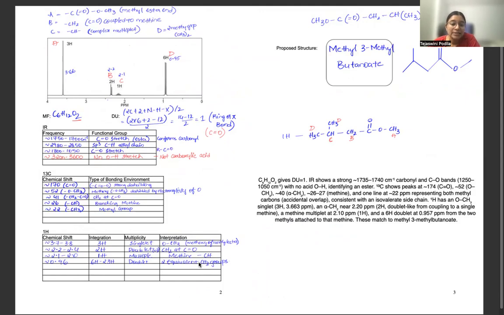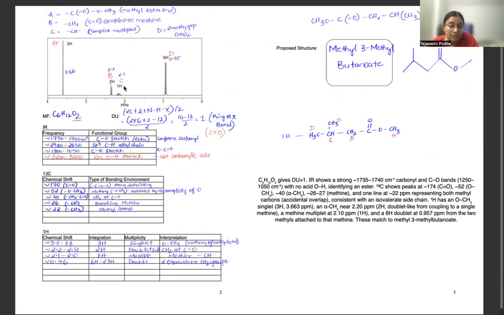That indicates an OCH3, the methoxy of methyl esters. The second is at 2.2 to 2.4, with an integration of 2H, and it's a doublet. So that could be the CH2.